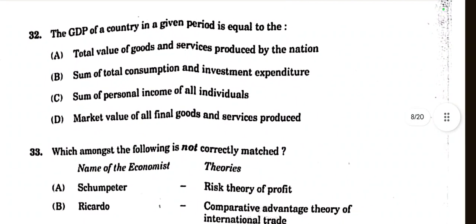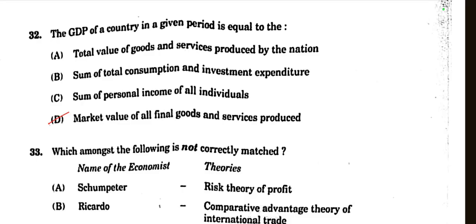Then question number 32: the GDP of a country in a given period is equal to the total value of goods and services produced by the nation, the sum of total consumption and investment expenditure, the sum of personal income of all individuals, or the market value of all final goods and services produced.